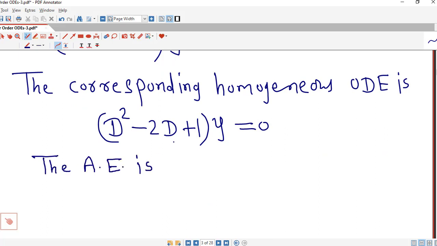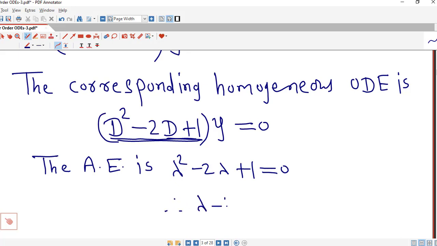So first we write down the auxiliary equation by considering D equal to lambda in this f of D. So we have lambda square minus 2 lambda plus 1 equal to 0, and this is nothing but the square of lambda minus 1.